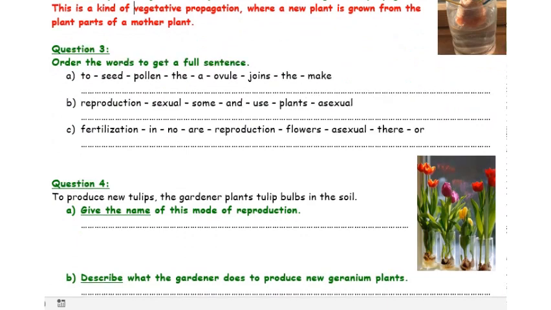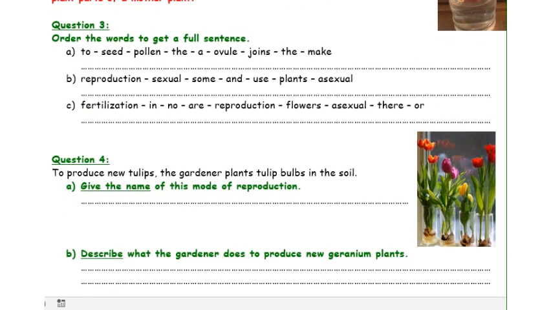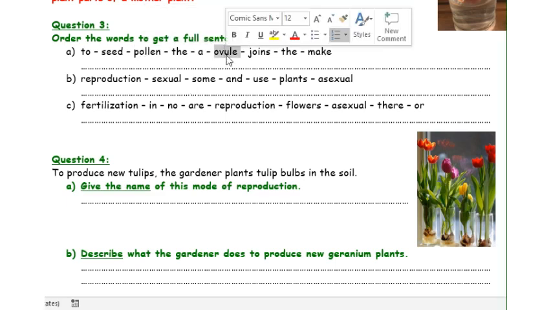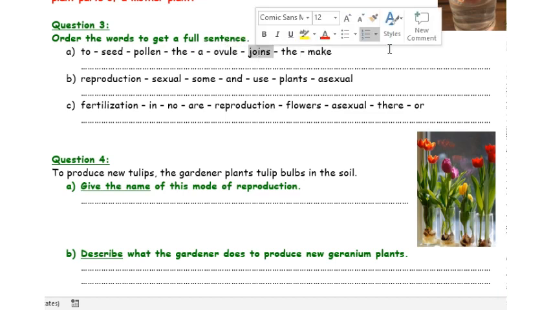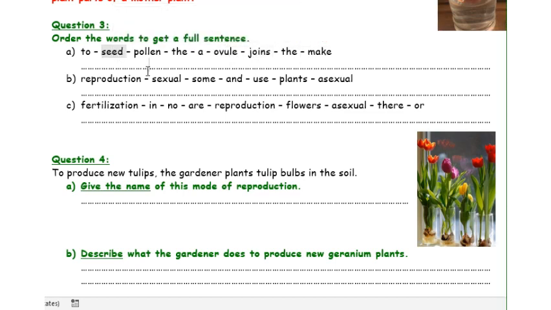Question number 3. Order the words to get a full sentence, and out of this sentence we will get new information. The first one: to, seed, pollen, a, ovule, joins, the, make. So as I can see, pollen, ovules, and when they join, they will make a seed. So let me try.